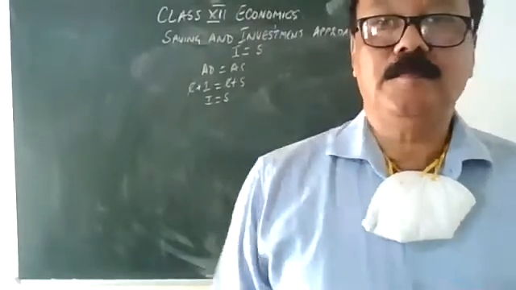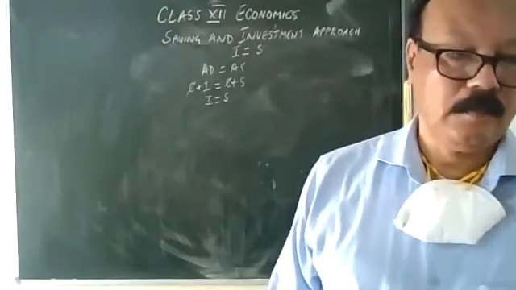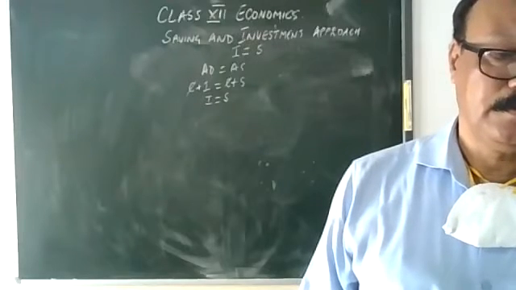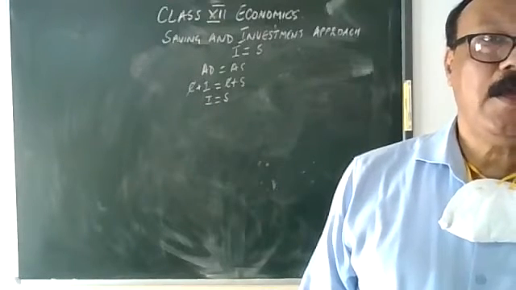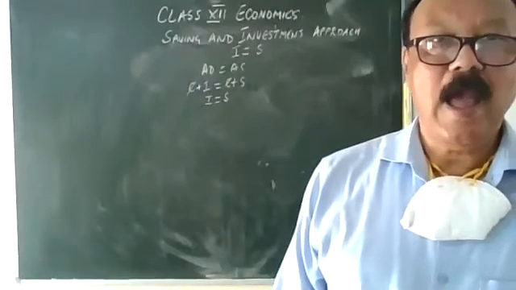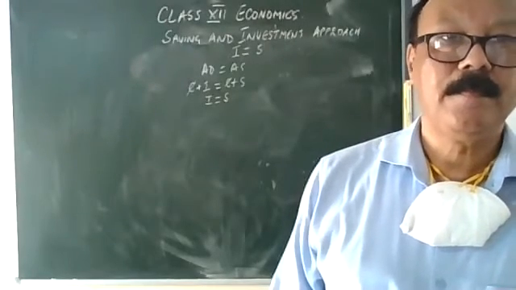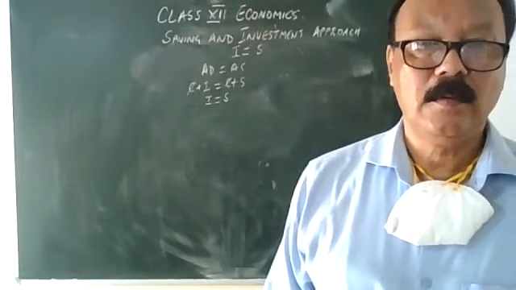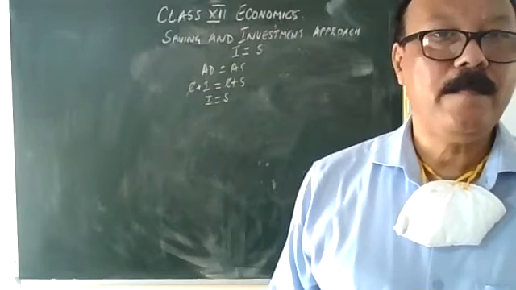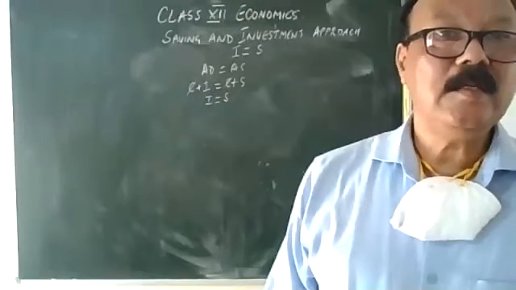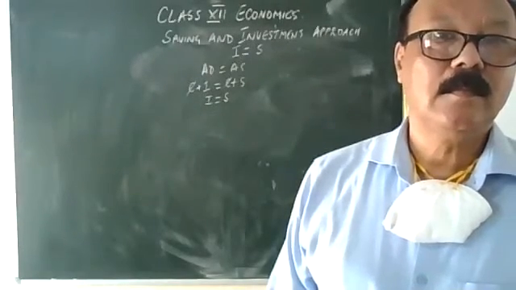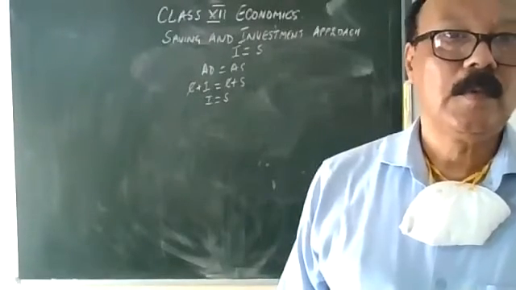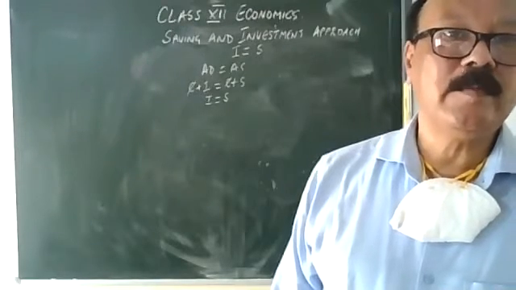In other words, equilibrium level of output and income is determined where planned savings is equal to planned investments.